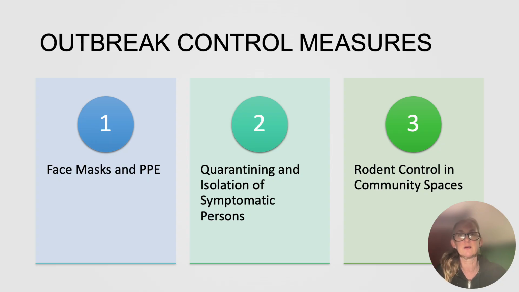Because pneumonic plague spreads through infected respiratory droplets, the CDC recommends the use of personal protective equipment, or PPE, especially face masks. This measure is essential for limiting the spread of person-to-person transmission during the outbreak by reducing exposure to infectious droplets and protecting close contacts of those who are symptomatic.